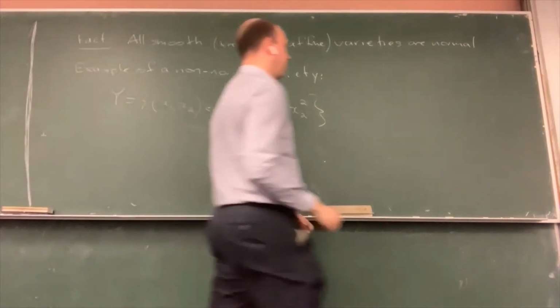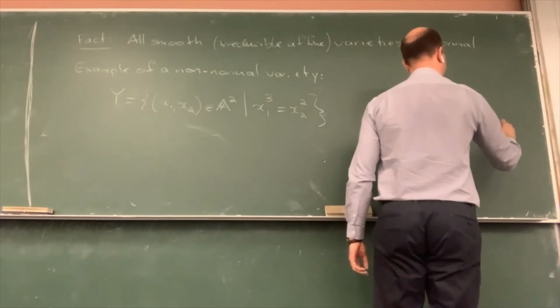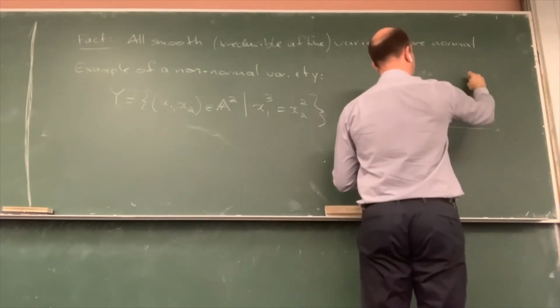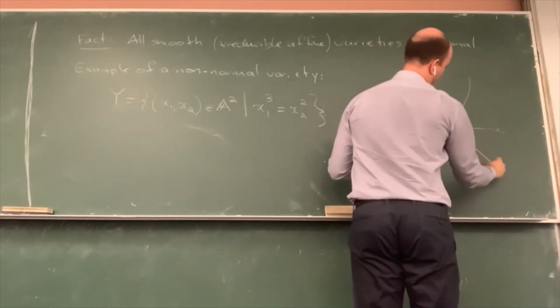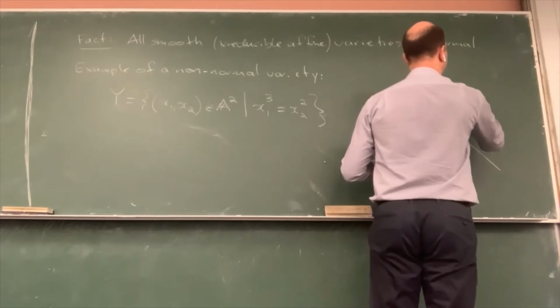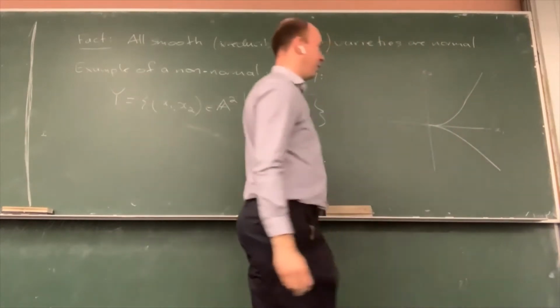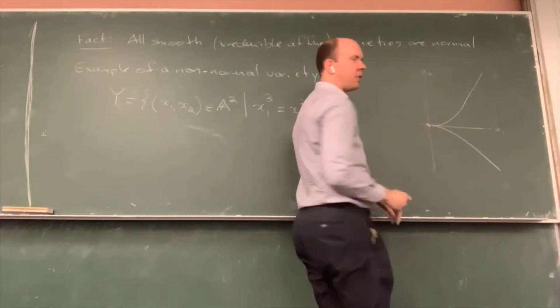If you imagine just drawing the real points of this, with the x1 axis and the x2 axis, then the curve looks like this. I shouldn't have made that look as if it was turning up. Anyway, I haven't drawn that very well, but it comes to a singularity here at the origin.